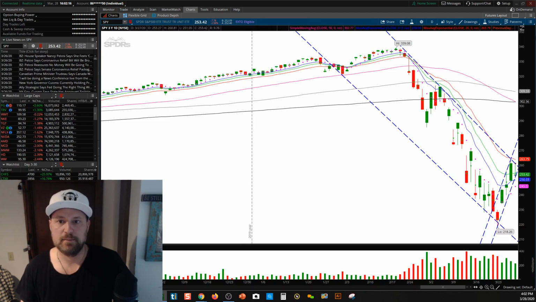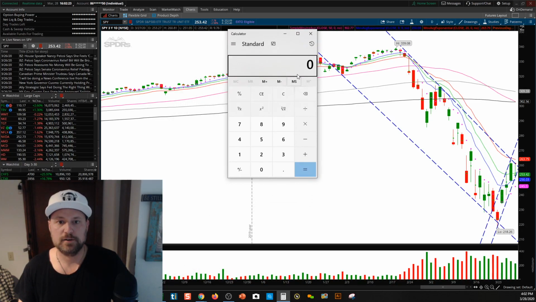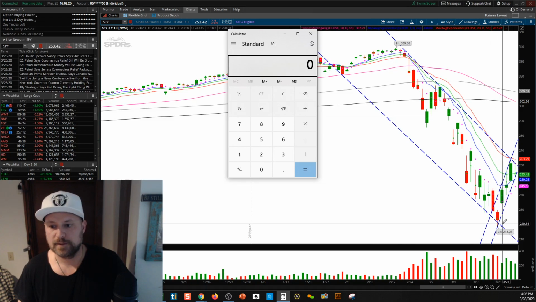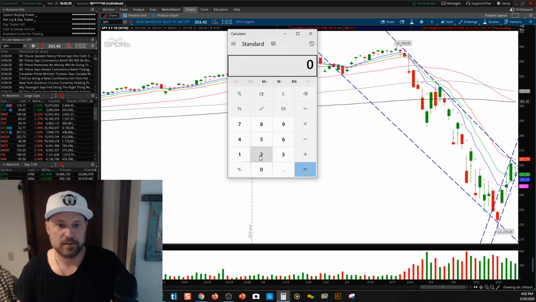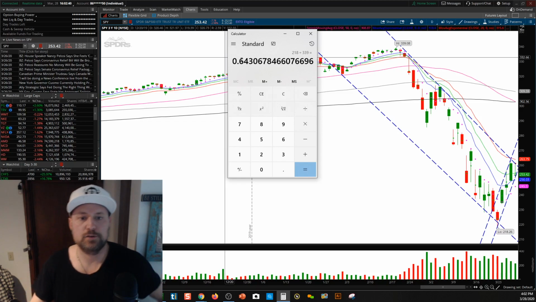But guys, the math doesn't lie. If you had $100,000 in your account, let's say, what is that? $218 divided by 339, that's about 64%, so a 35% drop, right?